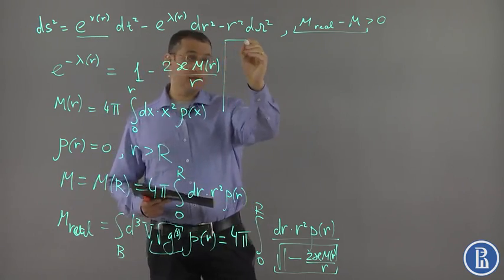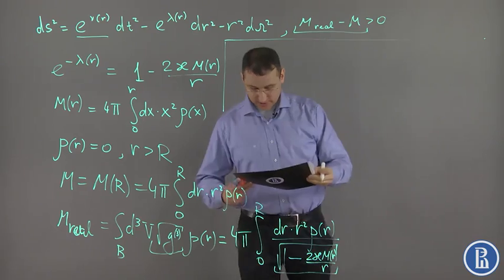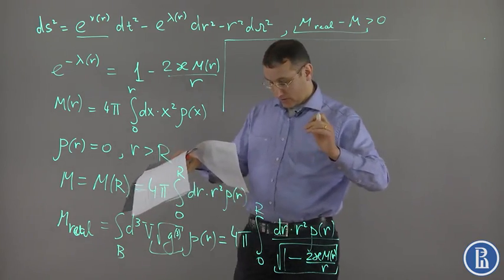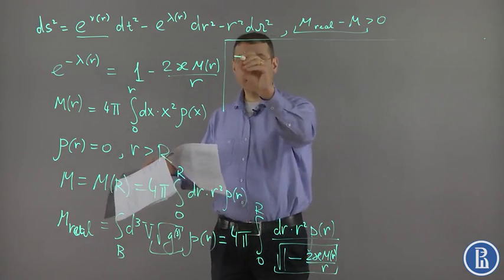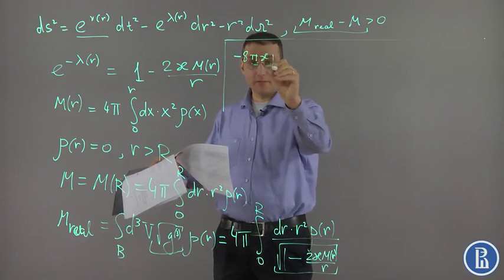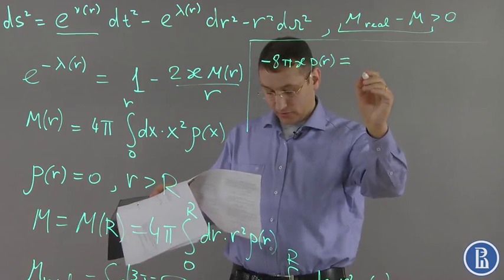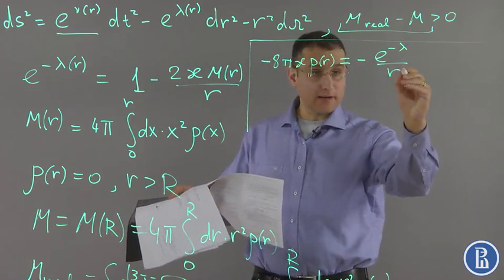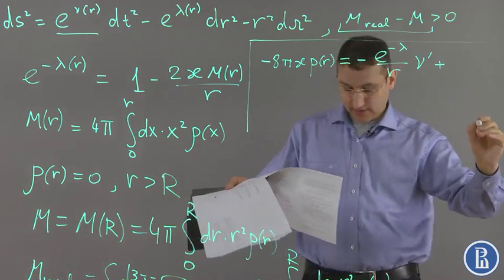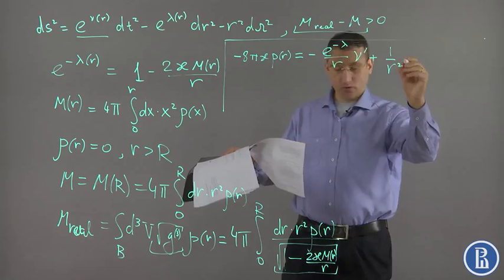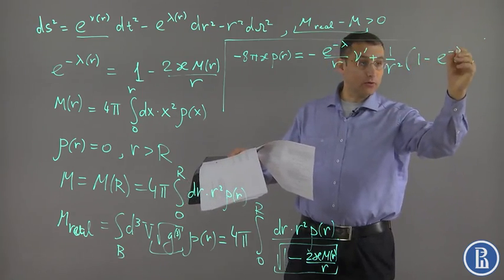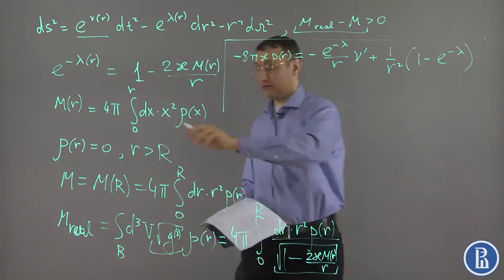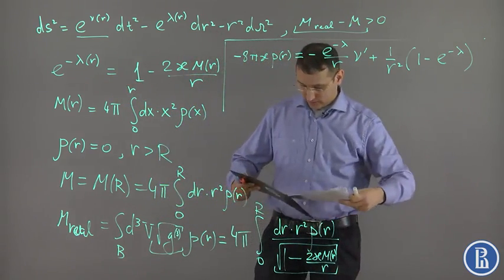To fix it, let us go on with the second equation that we have derived previously. I mean, with this equation. Minus 8 pi kappa p of r is equal to minus exponent of minus lambda times nu prime plus 1 over r squared times 1 minus exponent of minus lambda. So now we know this and this quantity from here, and we can find nu.